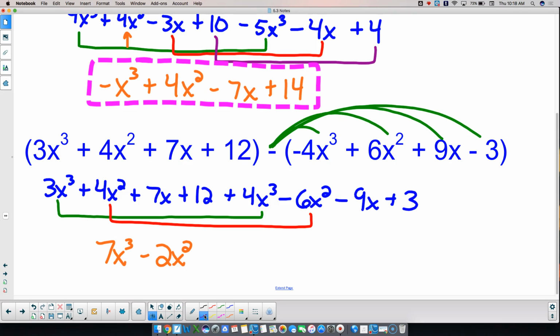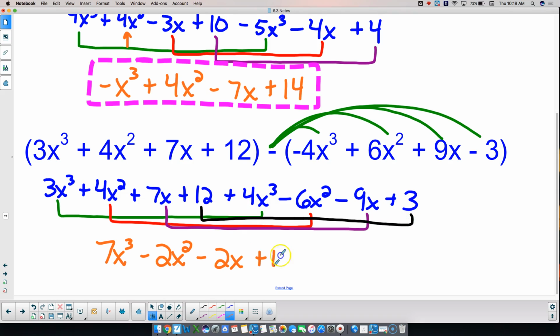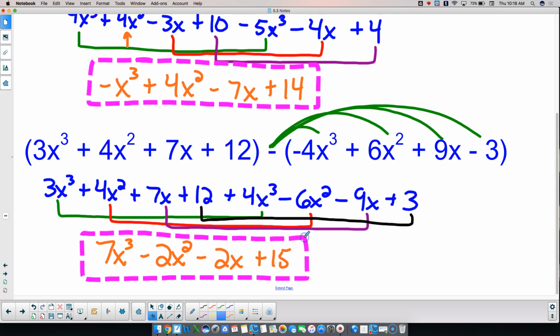X terms next. 7 minus 9 is negative 2. And numbers last. 12 plus 3 is 15.